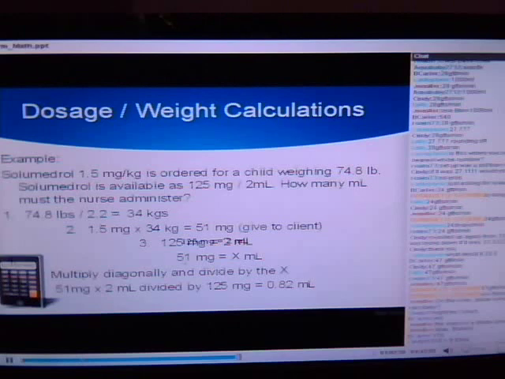If the NCLEX would have asked, use 1 decimal place, I know for a fact they do this, then your answer would have been 0.8.